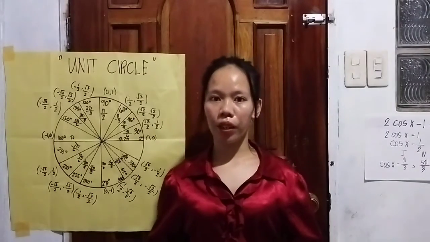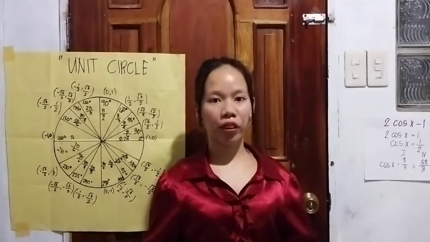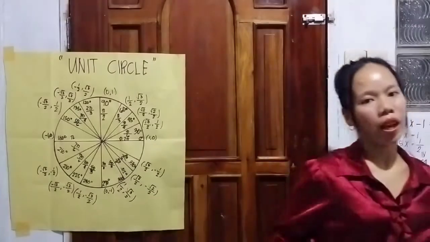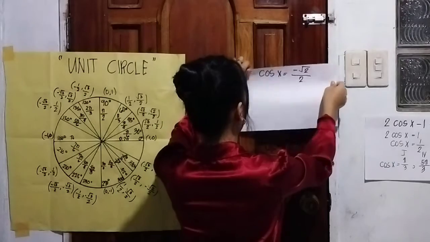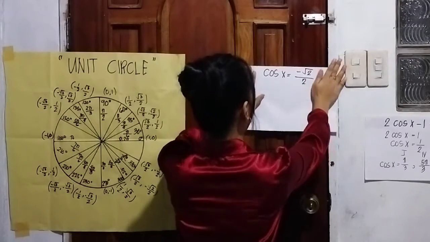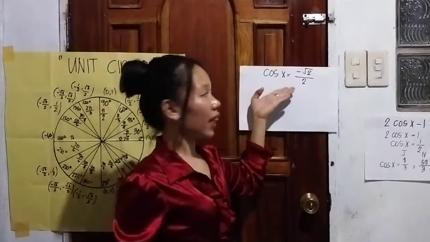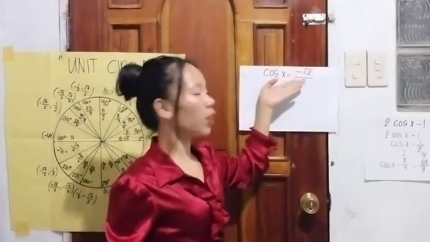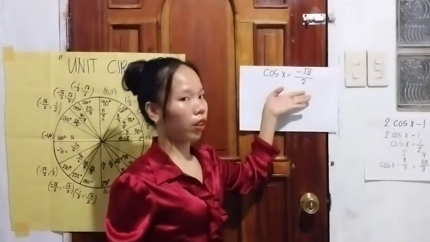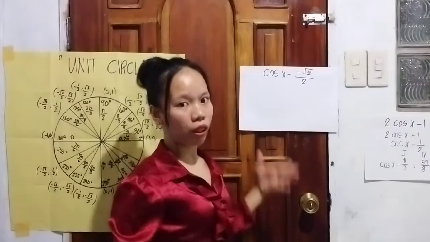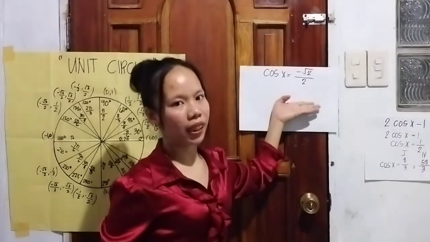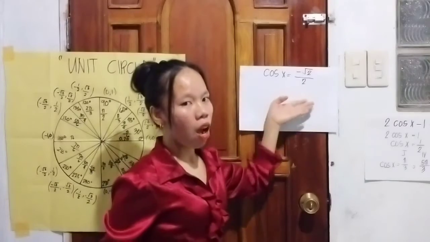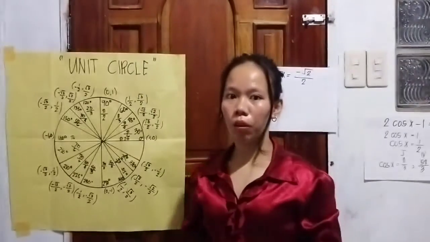So let's try the other equation. We have cos x is equal to negative square root of 2 over 2. In these situations, we find the answers that satisfy the equation.